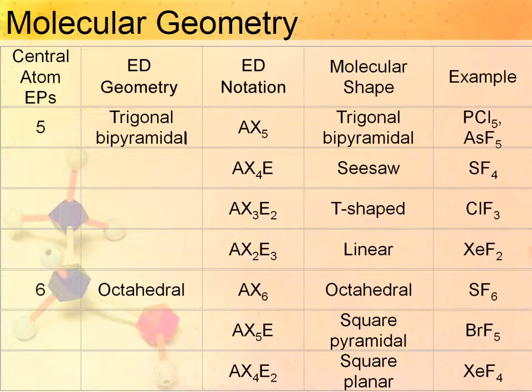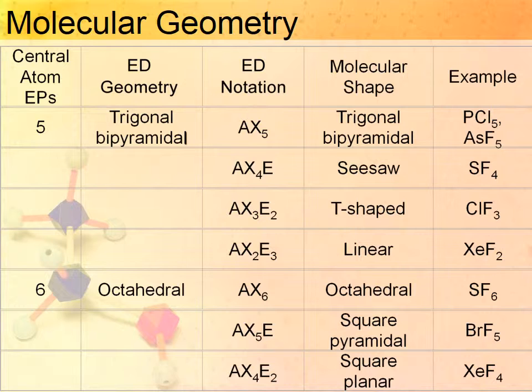Here is a summary of all the structures that we will look at in this presentation. We're dealing now with 5 electron pair and 6 electron pair domains around the central atom. 5 electron pairs gives rise to the trigonal bipyramidal structure, and as you can see here, we have a total of 5 molecular geometries that are derived from this basic electron domain geometry.